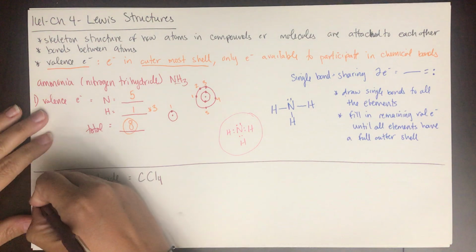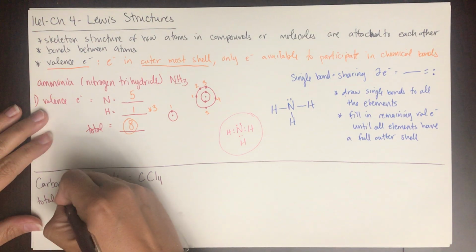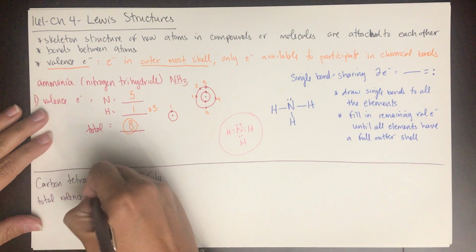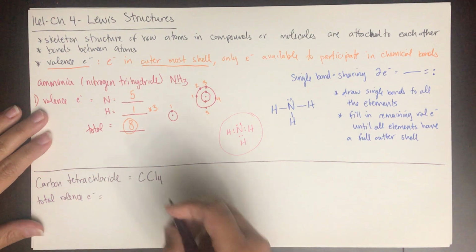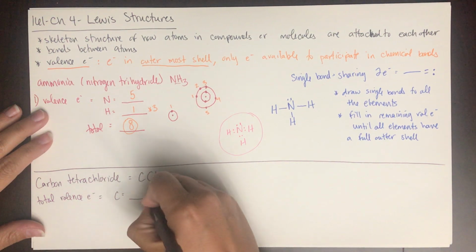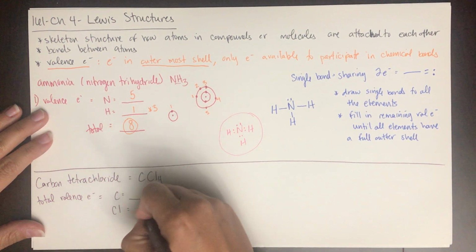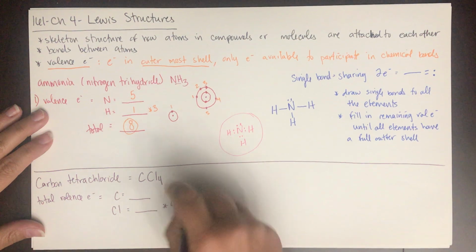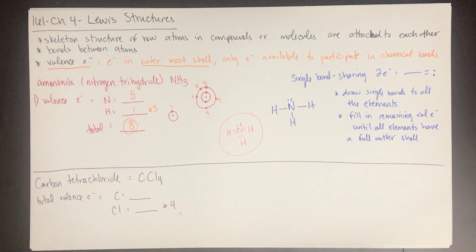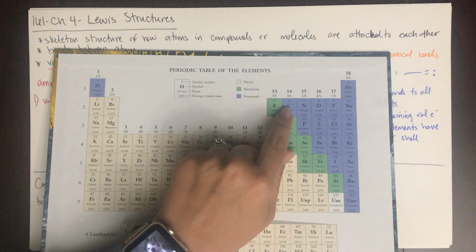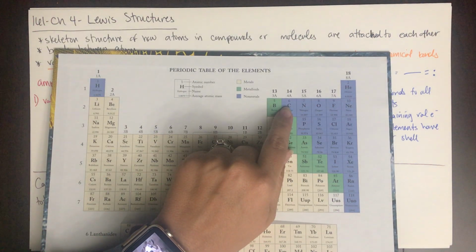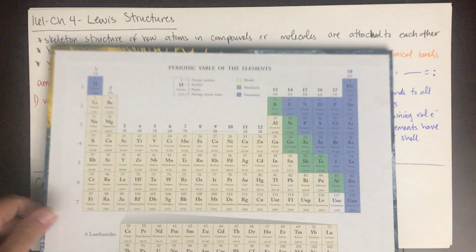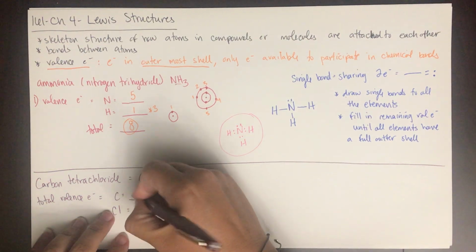So what we're going to do is see how many total valence electrons we have. So I have carbon, and then I have chlorine, and that number is going to be times 4 because I have 4 of them. Carbon is in group 4, which means it has 4 valence electrons.